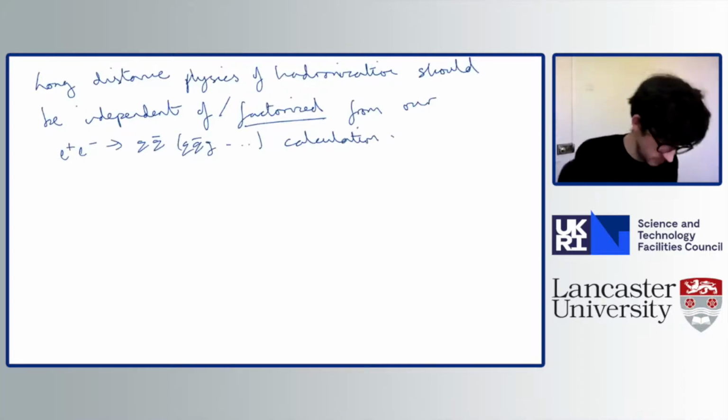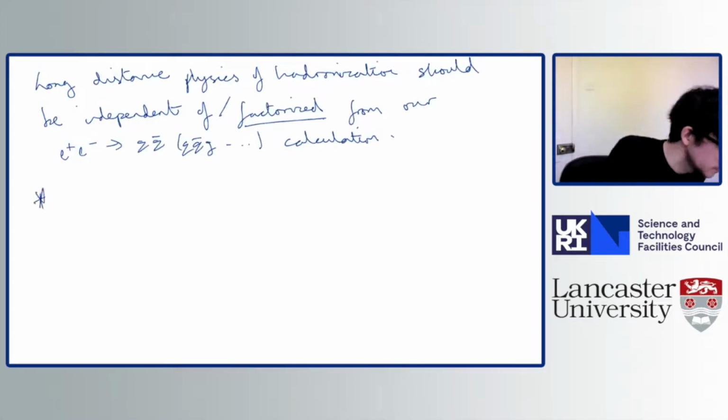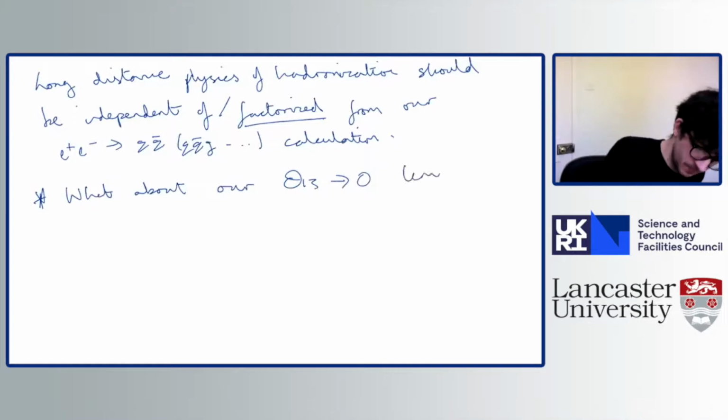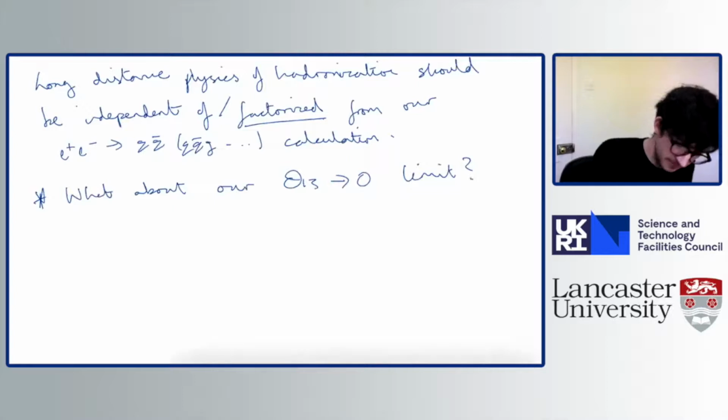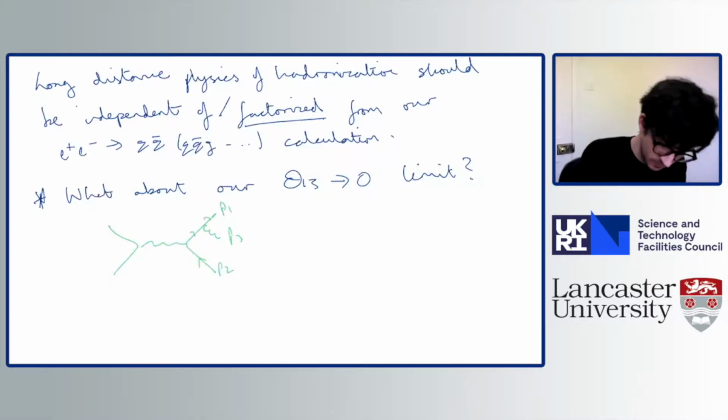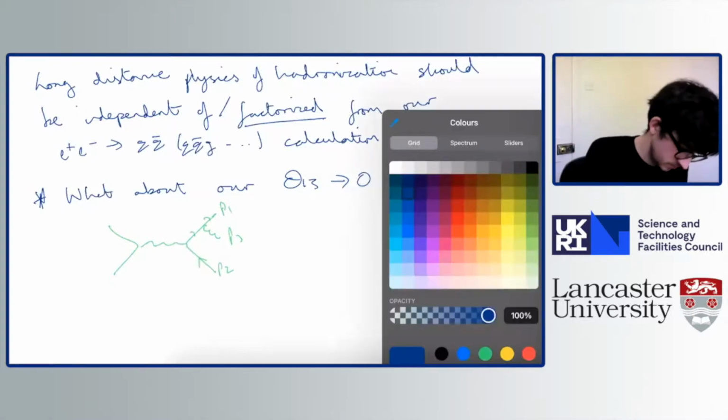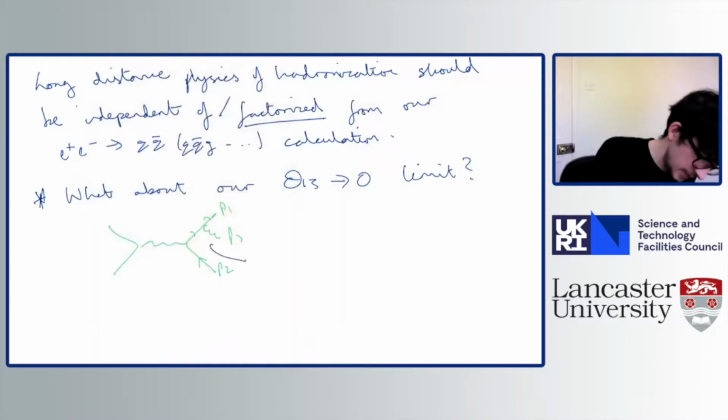Now, what's the relevance of this for these singularities I've talked about? Well, that I'll come on to now. So what about our theta 1,3 goes to 0 limit? Okay, stick with that. And let me draw it again. V3, V1, V2. And again, there's the propagator in there, P1, P3.